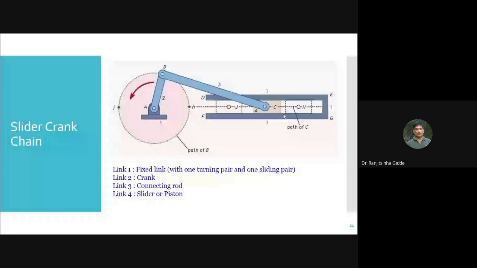There is sliding contact. This is the piston, this is the connecting rod, there is turning pair. This is connecting rod, crank, there is turning pair. And this is the engine housing, or the one place where crankshaft is mounted. So there will be turning pair.